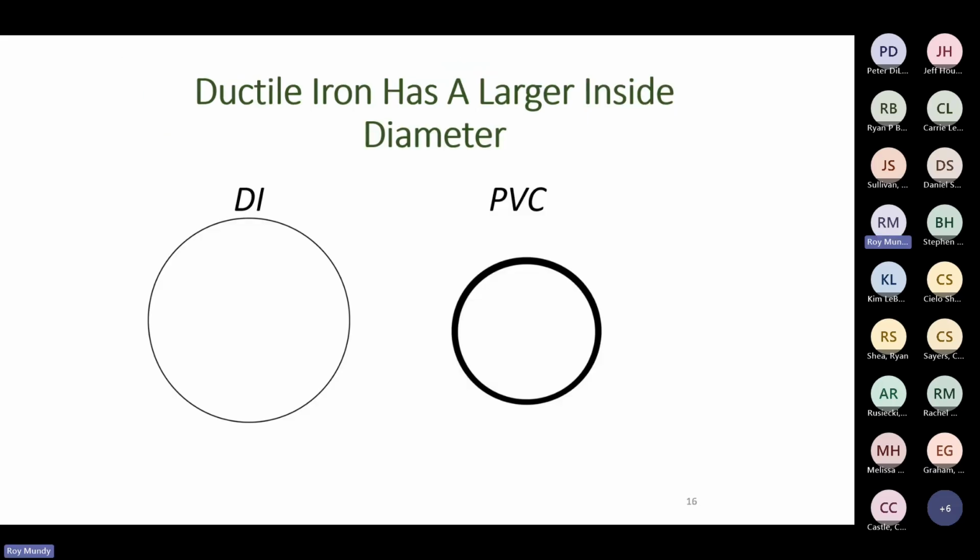Well, I'm sure that you're aware of the fact that if you have a larger inside diameter of pipe versus a smaller inside diameter of pipe, and using the common equation Q equals VA, Q being quantity, V being velocity of the water in the pipe, and A being the inside area of the pipe.